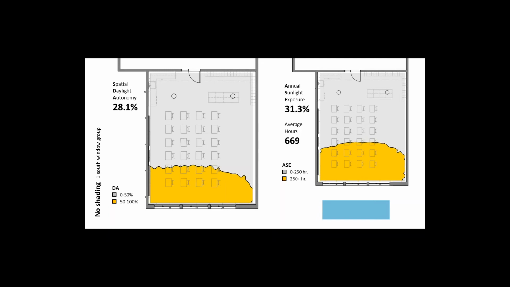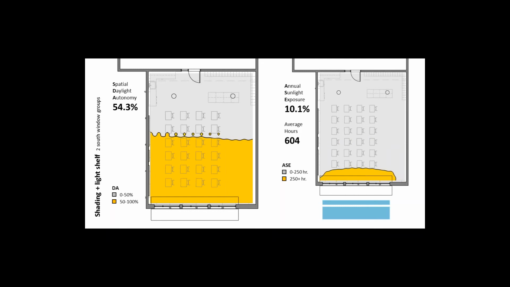Over here we're seeing a DA, again the percentage of area that is above 300 lux for at least 50% of the time of the year. And then over here we have the direct sun simulation showing the area that is affected by direct sunlight for more than 250 hours out of the year.